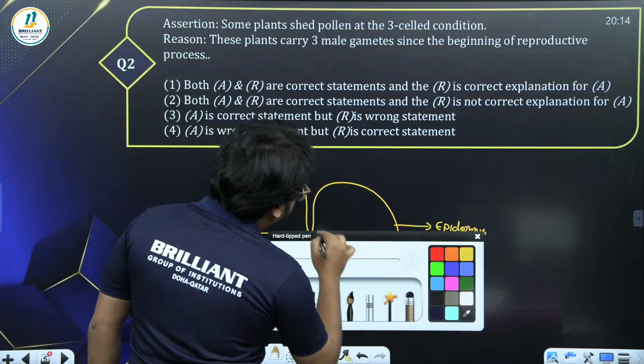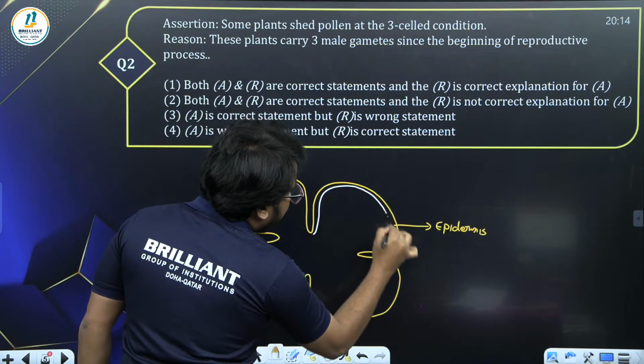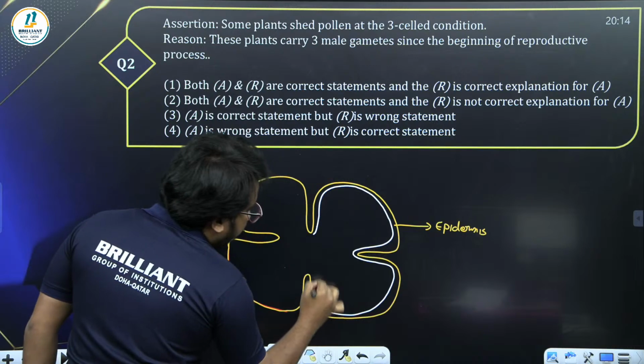Inner to this epidermis, the next layer that will be coming in an anther is endothecium.